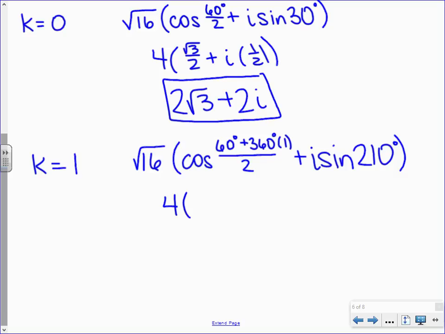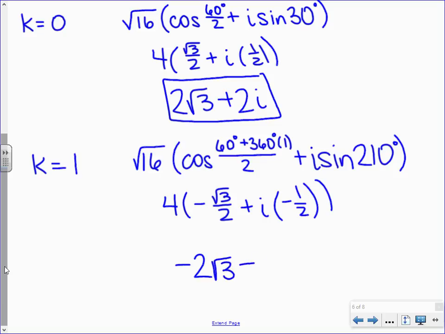So we have 4 times the cosine of 210 plus i times the sine of 210. So our second square root is negative 2 radical 3 minus 2i.